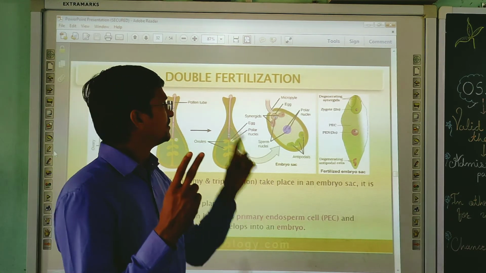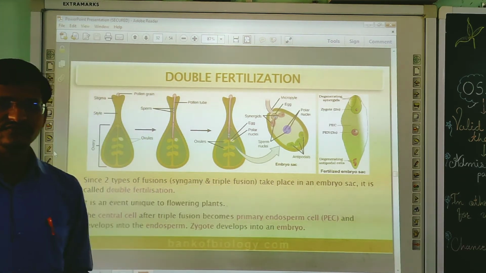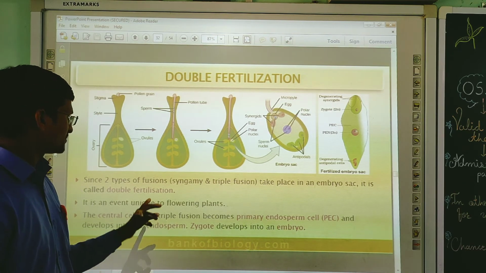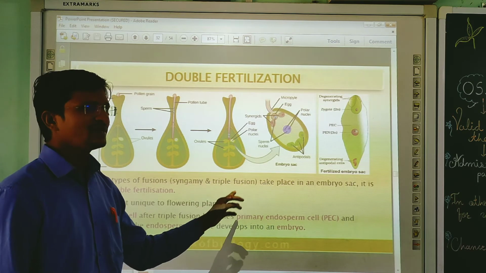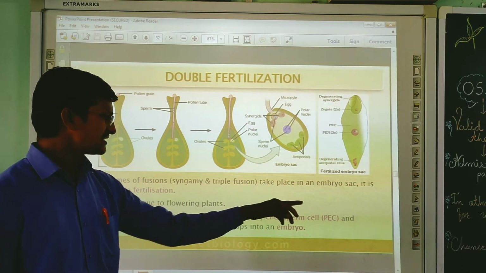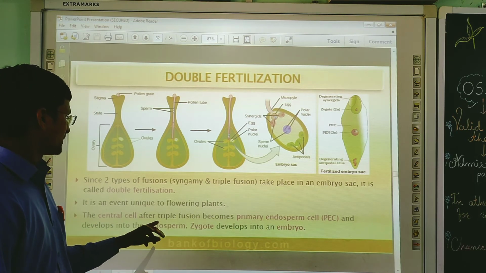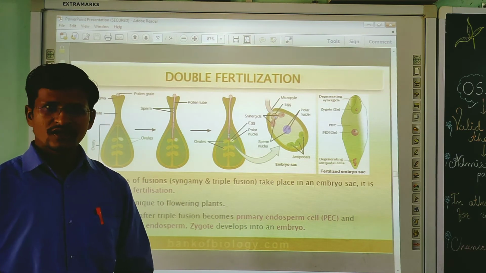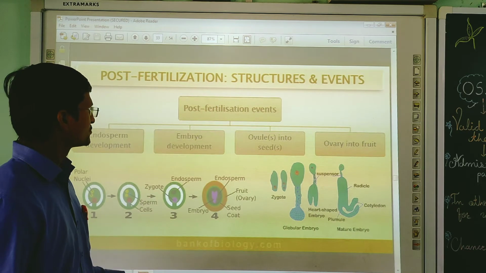It is called double fertilization. The central cell, after triple fusion, becomes the primary endosperm cell and develops into the endosperm, and the zygote develops into the embryo. Got it? Like this the process will be carried out.